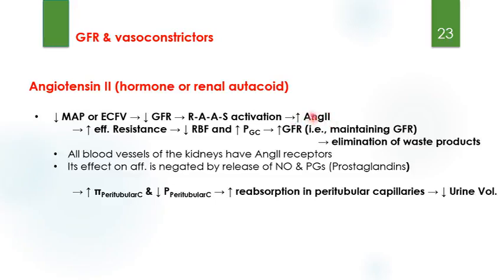Angiotensin II will target the efferent arterioles and increase their resistance by constricting them, and in this way, even though overall renal blood flow will decrease, the hydrostatic pressure at the level of the glomerular capillary will increase, and angiotensin II will prevent reduction of GFR and will maintain GFR.